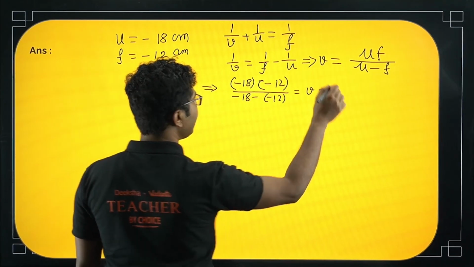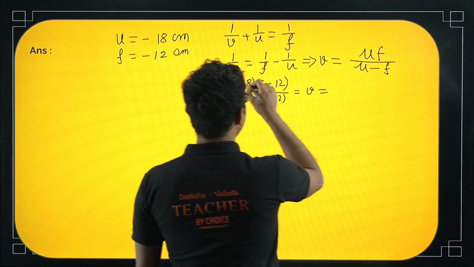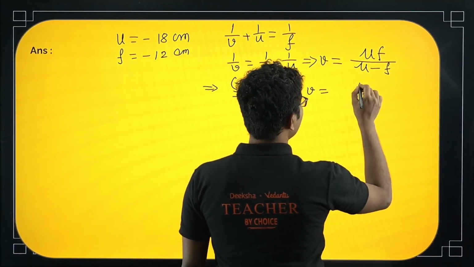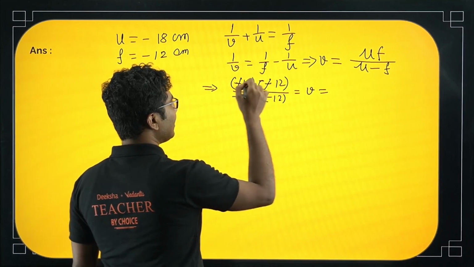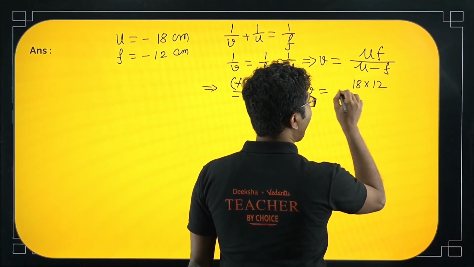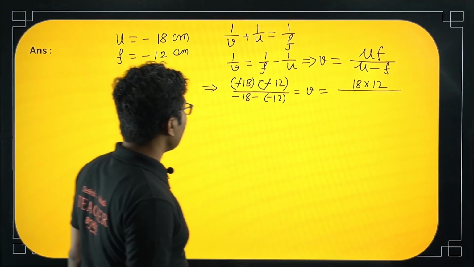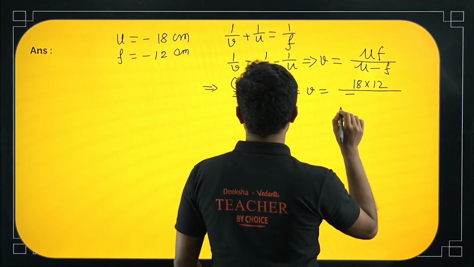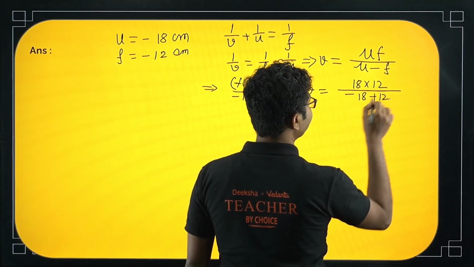So V equals to, this is the style, 18 minus plus. This minus and this minus cancel, so 18 into 12, and the denominator will be minus 18 plus 12.